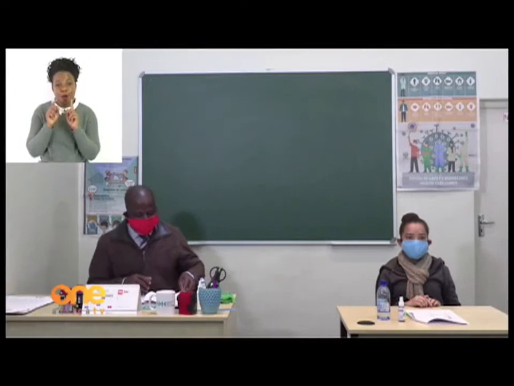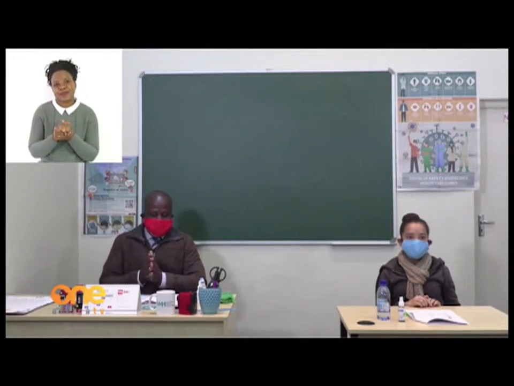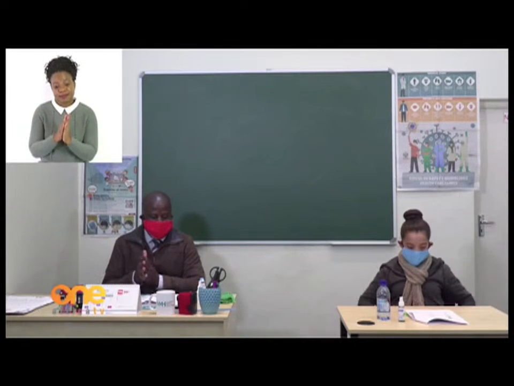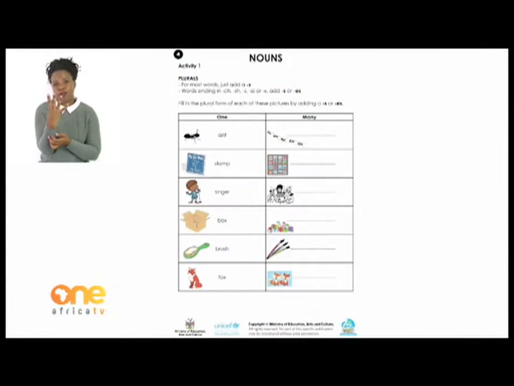Okay, my friends. Now, let's turn our books to page 4, where we are doing our activities. We want to see if we have understood the rules that we did on page 3. Activity 1.